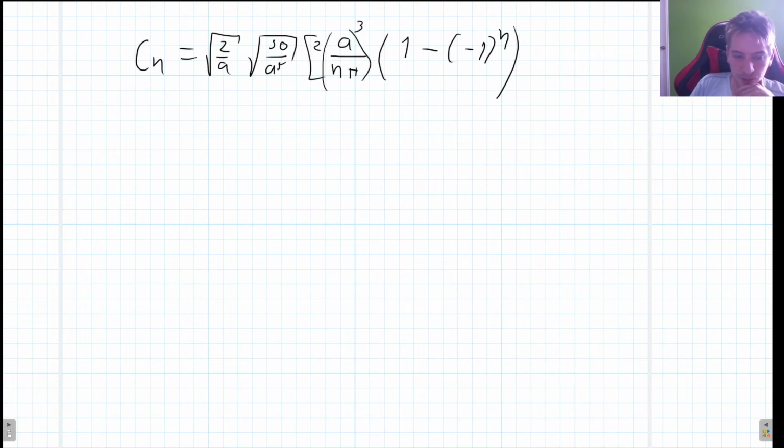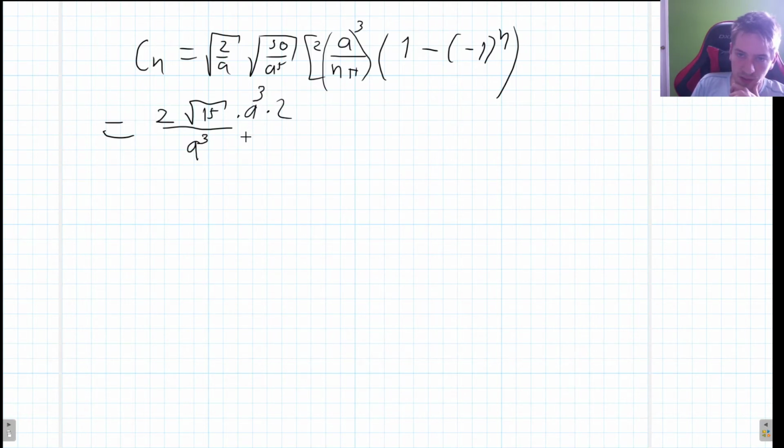Now what we want to do is just continue to simplify this. So we can now multiply this. We can write 30 as 2 times 15. So we can take a 2 outside of this square root. We get 2 times square root of 15. And down here we get a to the 6th power inside the square root. So we can just write it as a cubed. And there's also an a cubed right here multiplying.